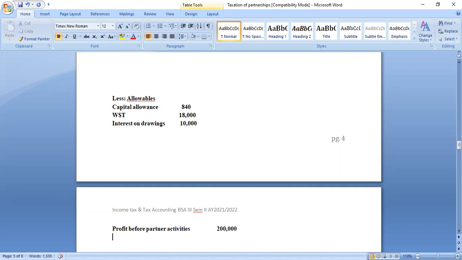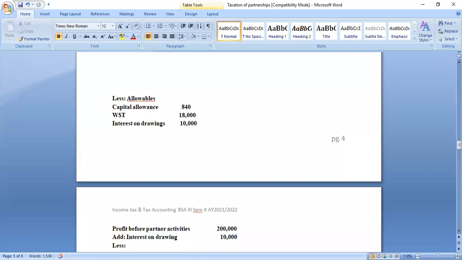Then we go to the next step, which is you remove all the partner's activities. When removing them, the first thing is you add back the income, which is the interest on drawings. Officially, you're recognizing the partner's activities after. As you're going to see, it's just the reverse of what we did the other side. So you add the drawings on here, should be 10,000.